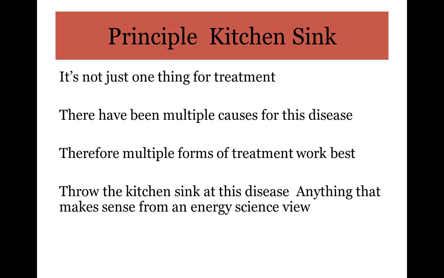So it's not just one thing that produces the problem of interstitial cystitis for you. It's multiple things that have led to this disease. Therefore, multiple forms of treatment work best.